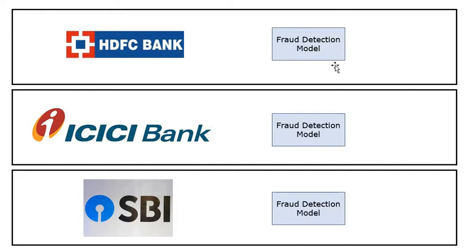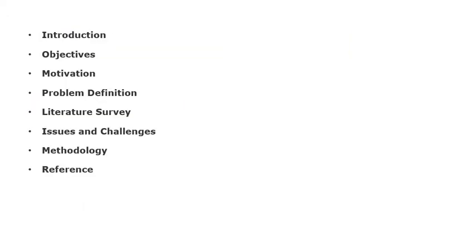The model has been developed by you, but that code is with the HDFC server, the ICICI server, and the SBI server. So any updates or changes you make in future, you need to go to these 3 different places and make the same changes repeatedly. That's one of the drawbacks. Those are the things you need to know as a small introduction to this project.